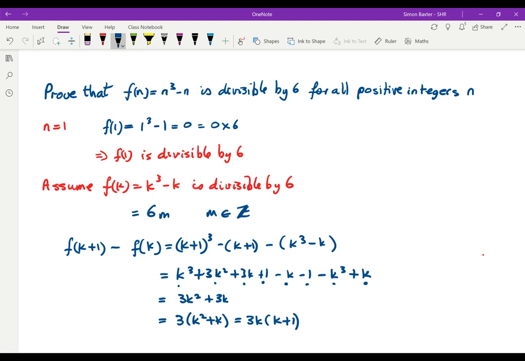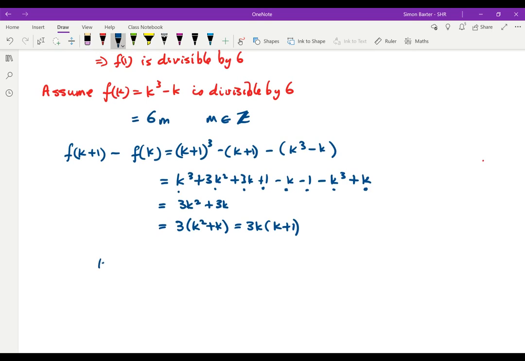Well, my 6 hasn't yet appeared. I've got so far a multiple of 3. I need a 2. I've got k and I've got k plus 1. Well, k and k plus 1 are consecutive integers.